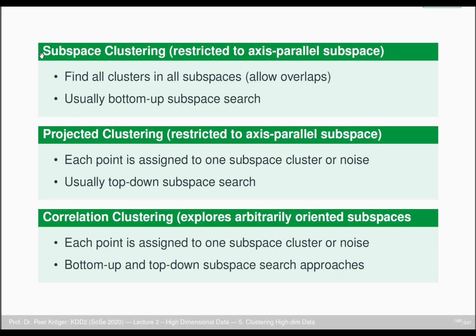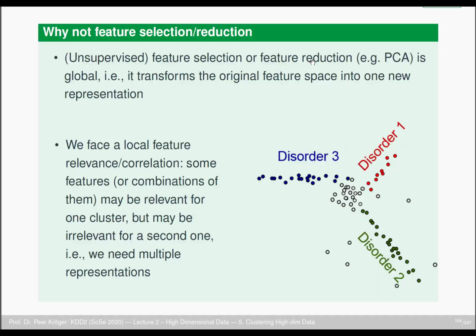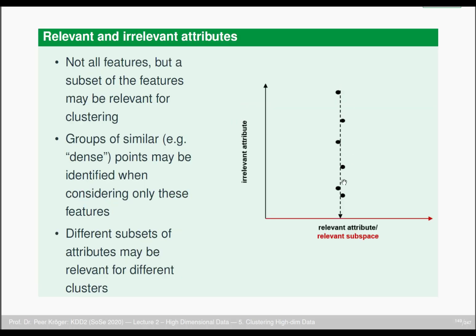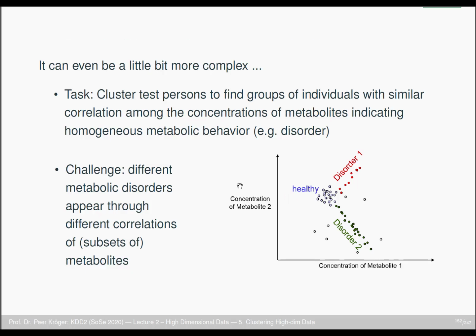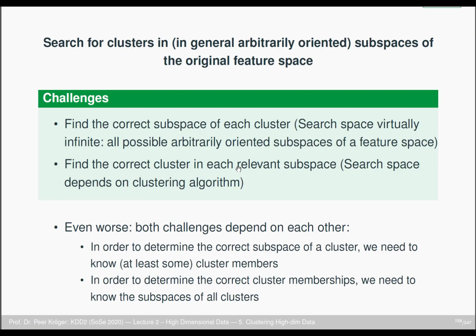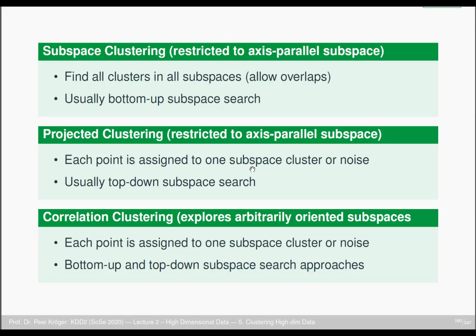So what are the classes of approaches? Well, we have a class of so-called subspace clustering algorithms that are restricted to finding axis-parallel clusters, or clusters in axis-parallel subspaces. So they do not care about the general task where the relevant subspace can be arbitrarily oriented, but they take care of the scenario where the relevant subspaces can be different ones for different clusters, and are axis-parallel, which is a very hard assumption because you're neglecting any correlation in the data space.